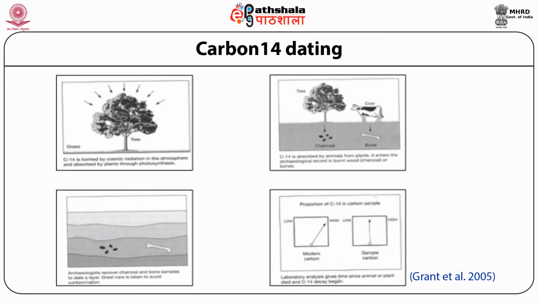The age of the specimen is calculated by the time taken for half of the original radioactive material, that is carbon-14, to decay, approximately 5730 years. The carbon-14 atoms are counted in the laboratory by using an accelerator mass spectrometer called AMS.